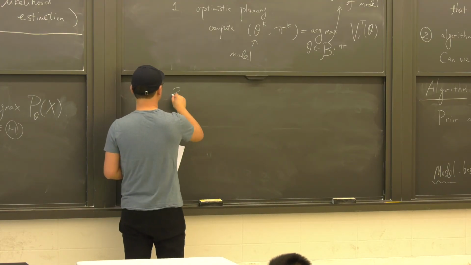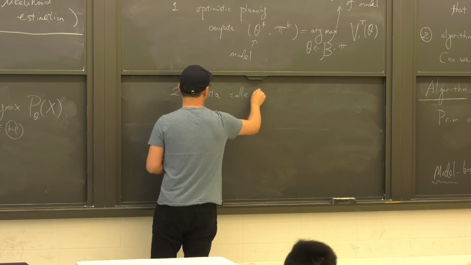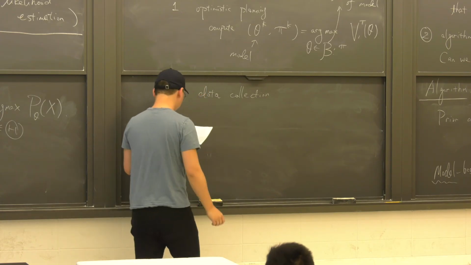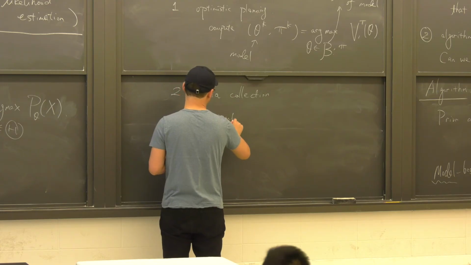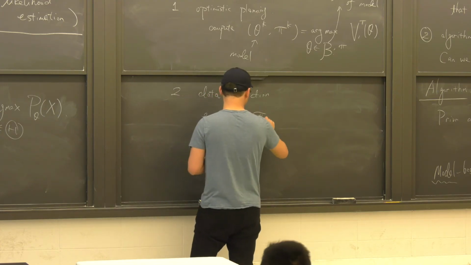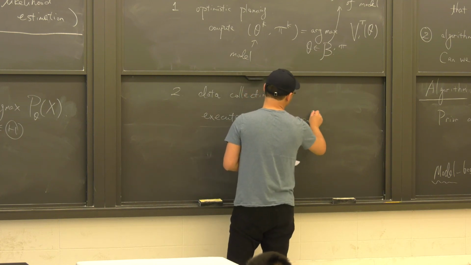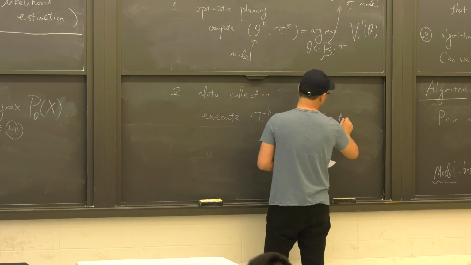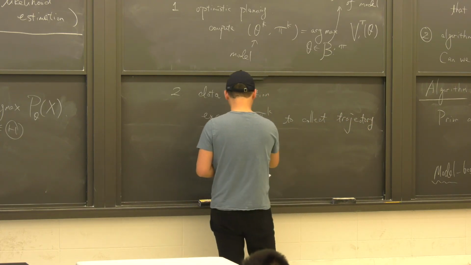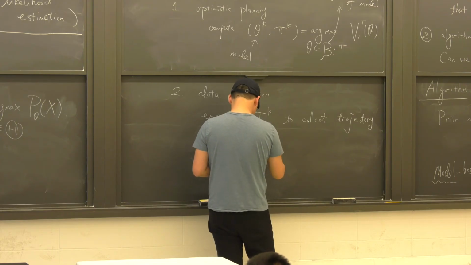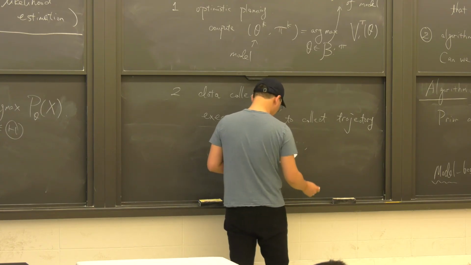The second step is doing the data collection. We will execute policy pi_k to collect the trajectory tau_k equal to O_1, A_1, till O_H, A_H.